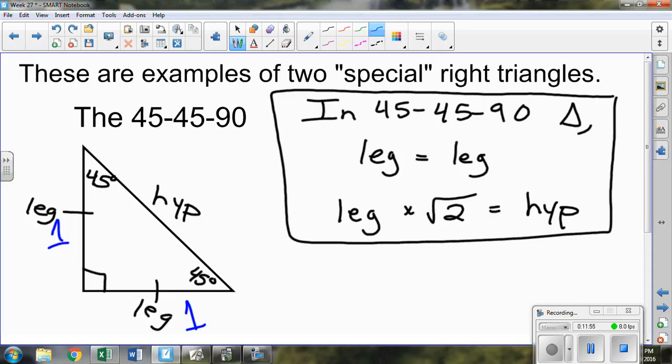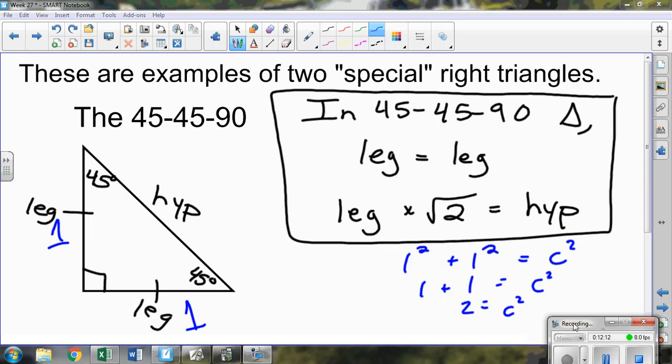And based on the Pythagorean theorem, legs squared plus legs squared equals hypotenuse squared. So 1 plus 1 equals hypotenuse squared, 2 equals the hypotenuse squared, and simply taking the square root, you see where the square root of 2 comes from? It's just because of Pythagorean theorem.